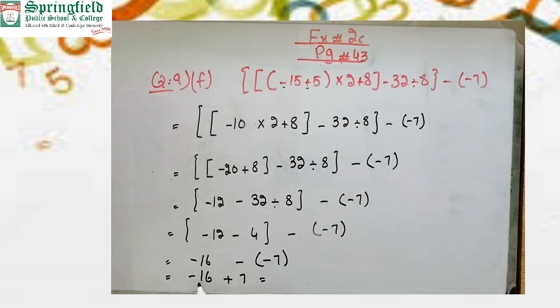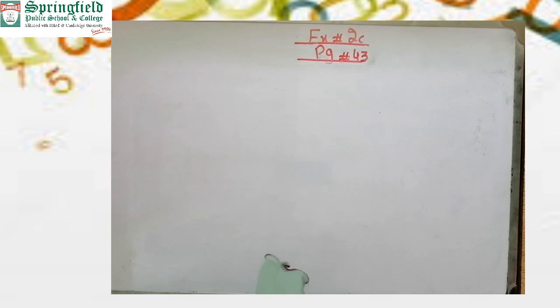So 16 minus plus minus. 16 minus 7, 9, and the sign will be minus. So it means minus 9 is your final answer. Understood, beta? Okay. Now do the practice of all these questions in your notebook. Okay, the rest of all the parts are your homework.